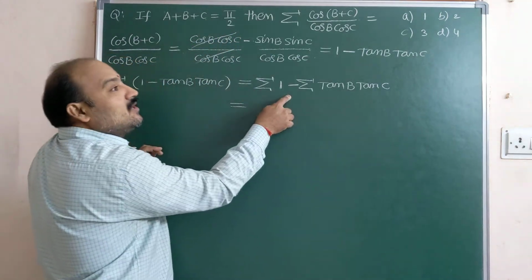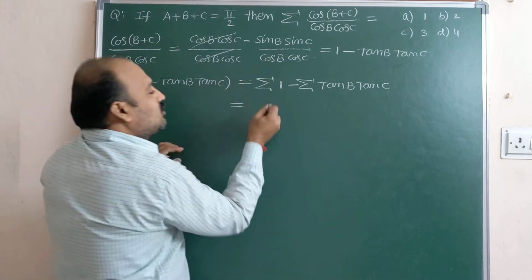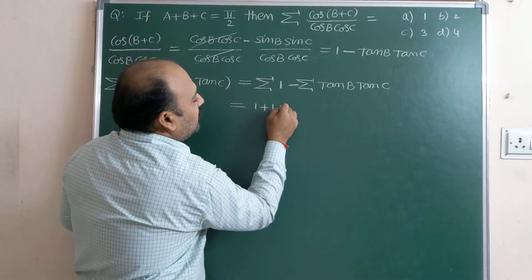So sigma 1 from i equal to 1 to 3, so 1 plus 1 plus 1.